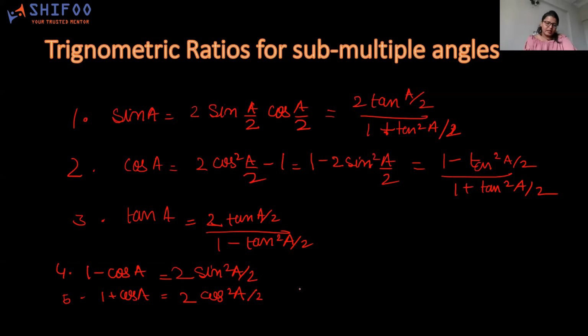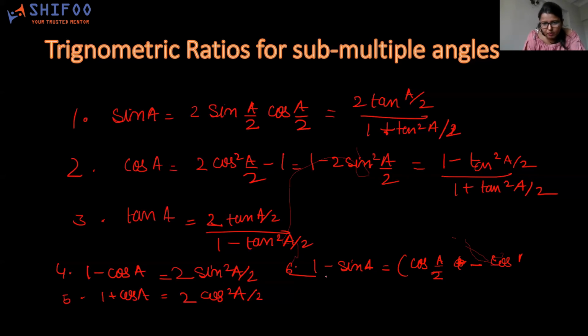Then 1 minus sin A, 1 plus sin A. We'll write these two formulas as 1 minus sin A is cos A by 2 minus sin A by 2.